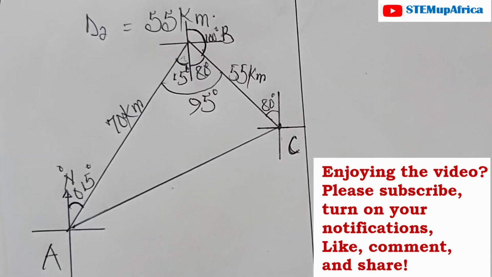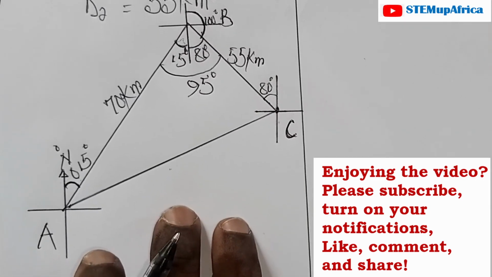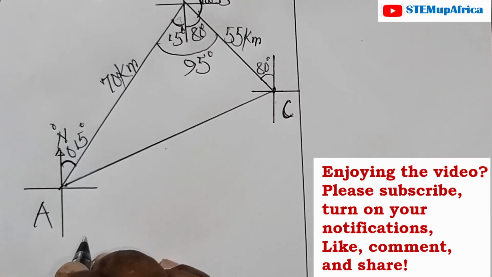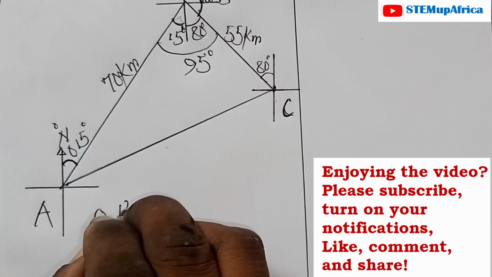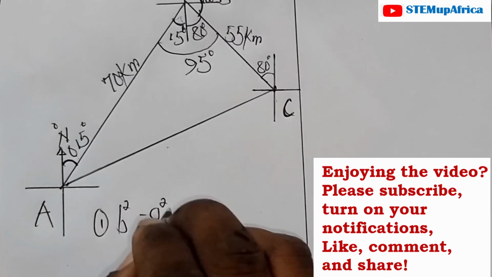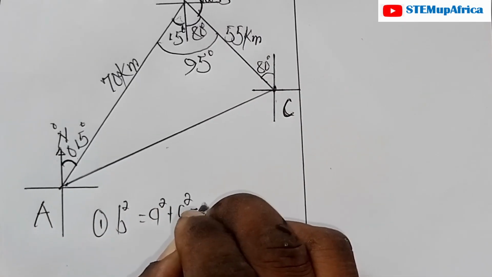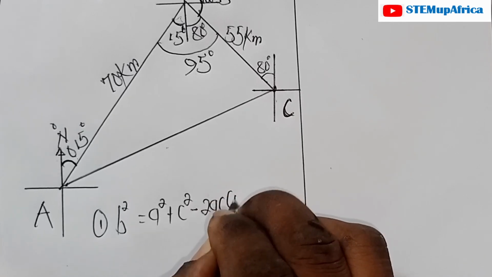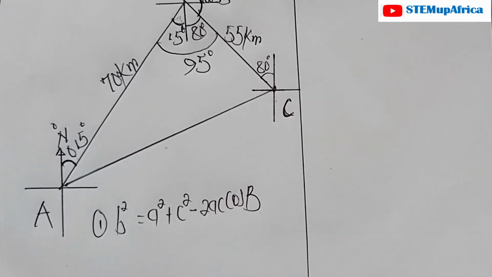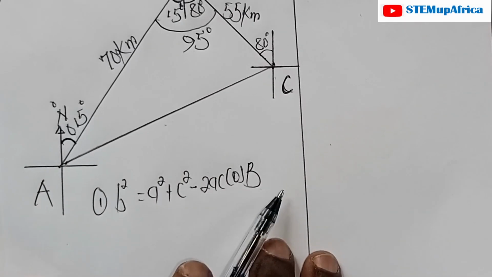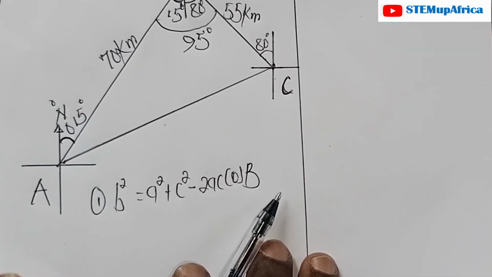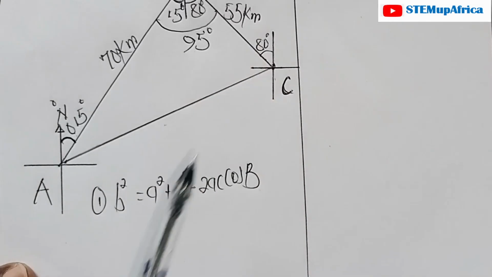So that would be Roman figure 1. I'm going to have small b squared equals a squared plus c squared minus 2ac cos big B. We're looking for small b, which represents A to C. So what's the value of small a? Small a is the opposite side, which is 55.